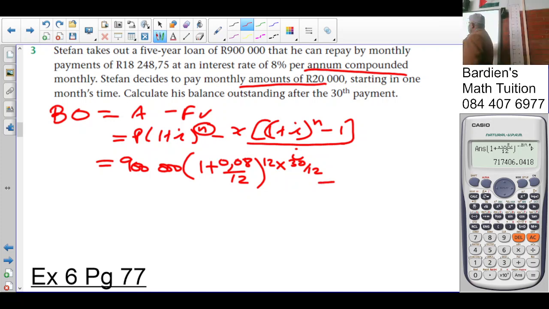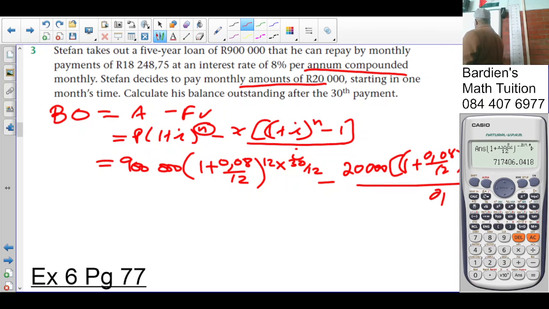Minus, well, what is he paying monthly? 20,000 into 1 plus 0.08 over 12 to the exponent 12 times 30 over 12, minus 1 over i, which is 0.08 over 12.